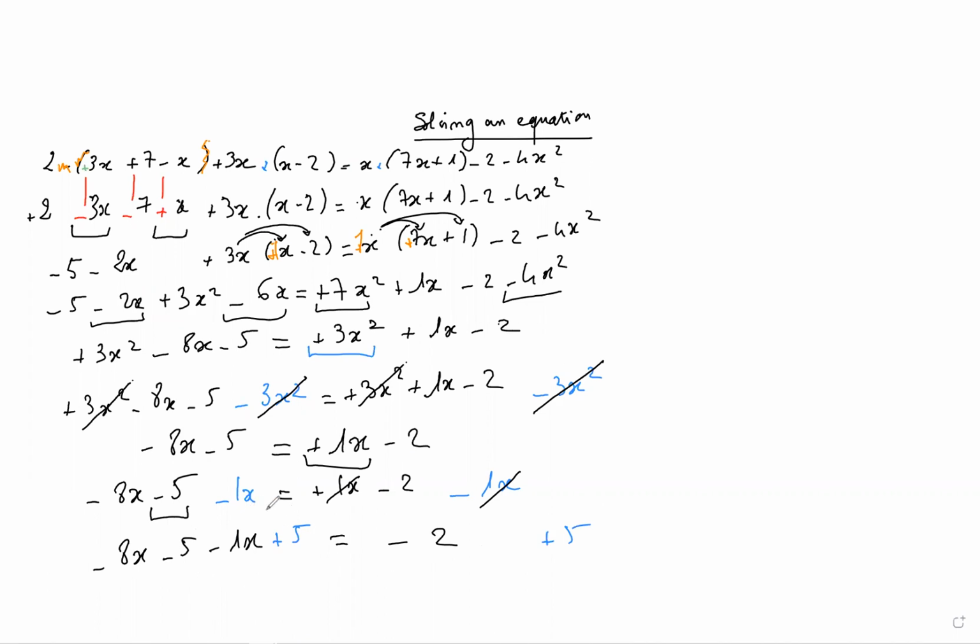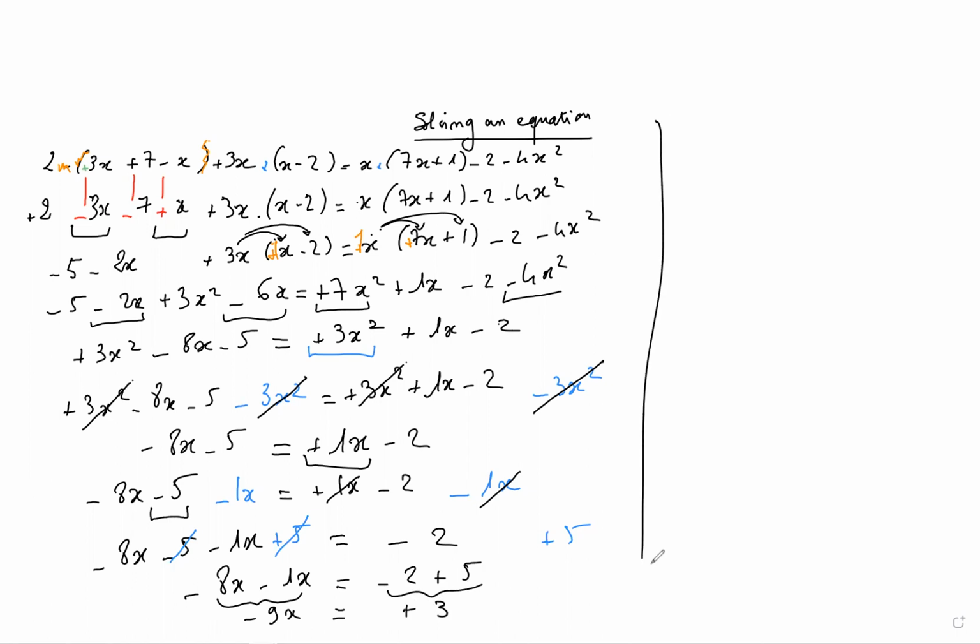No, this is stupid. It's a minus 5. Yes, okay, minus 5. No, it's okay. Minus 5 plus 5 is 0. I'm all right. I get all the x terms on the left side and all the constants on the right side. And this is a total of minus 9x, and this is a total of plus 3.